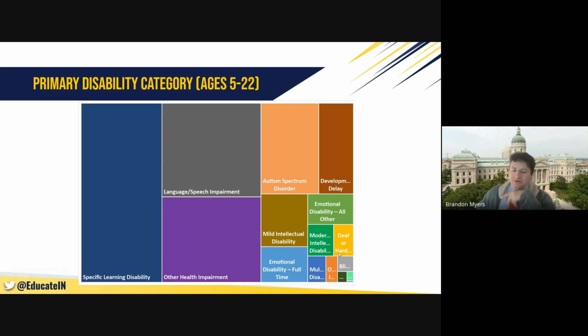And then we start to get into what we would call our lower incidence disabilities: moderate and severe intellectual, multiple, and the sensory loss ones, as well as orthopedic impairment and TBI. So hopefully this gives you a graphical representation of how many students out of that total 180-some thousand are fitting into these categories and dictating how schools manage their resources.